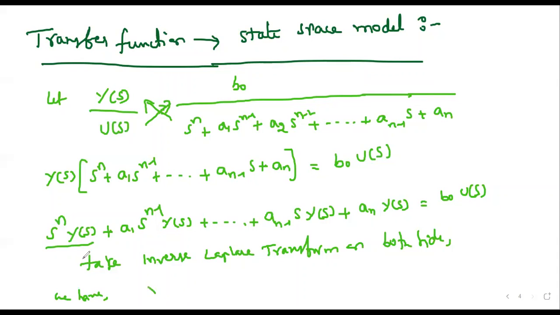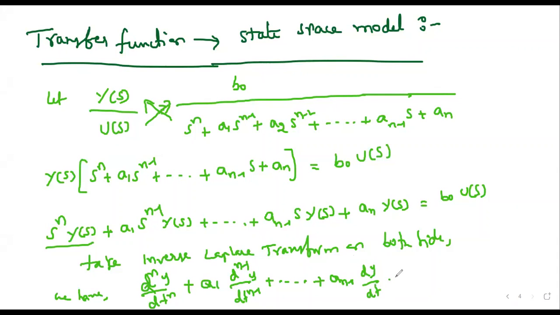It is the nth order derivative, d power n by dt power n of y, plus next term a1 into d power n minus 1 by dt power n minus 1 of y, plus and so on plus a n minus 1 s into Y of s is dy by dt, right, plus next a n into y is equal to b naught into u of t. Okay. We understood.